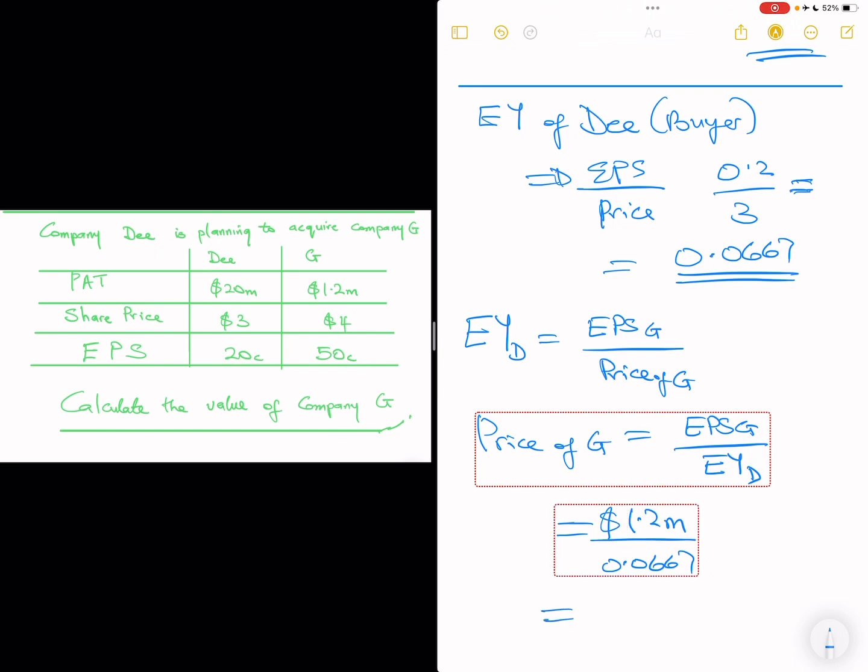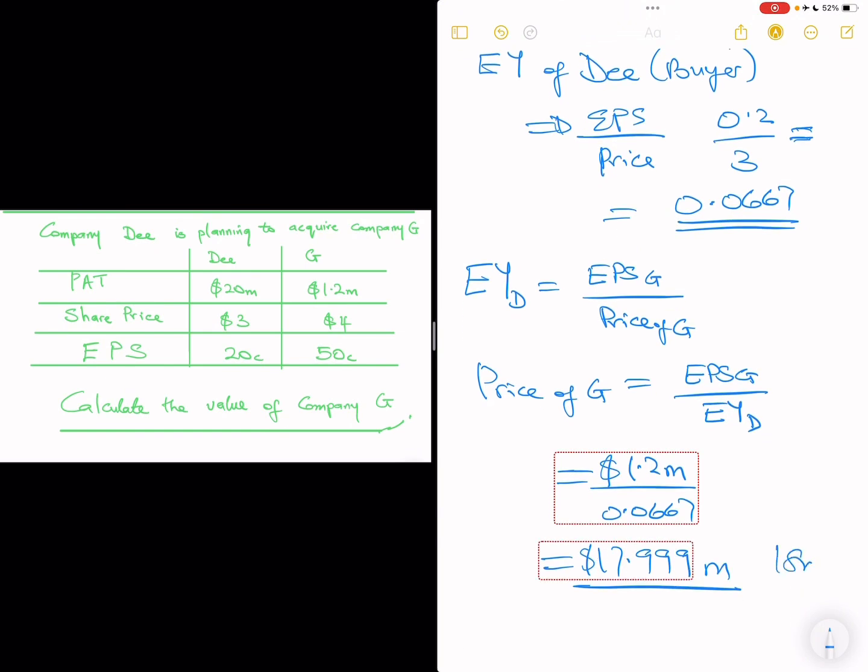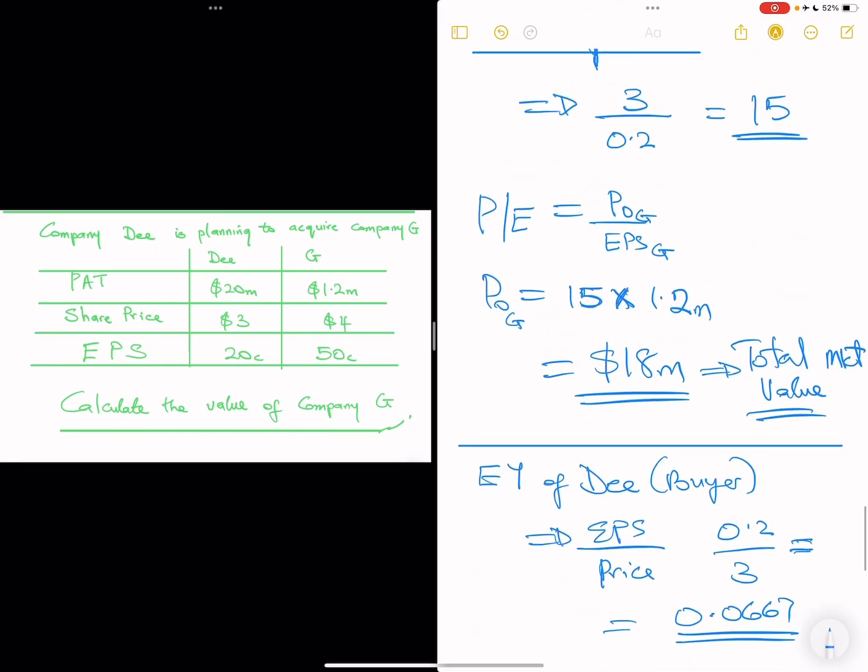Let's see, 1.2 divided by 0.066667 gives us 17.999 million, approximately 18, which is the same as what we have here. So whether I use price earnings ratios or earnings yield, it is the same approach. The most important thing to take note of is that you must always use the price earnings ratio or earnings yield of a benchmark, which usually will be the buyer.